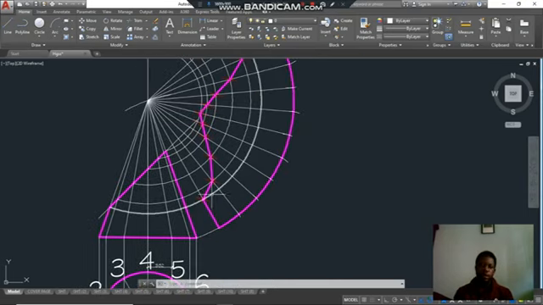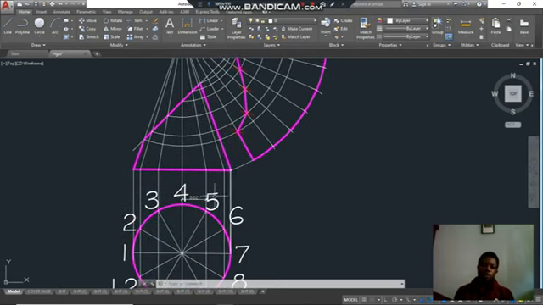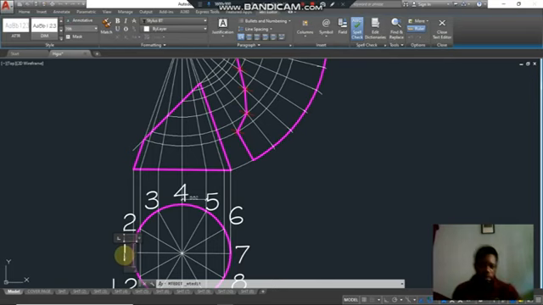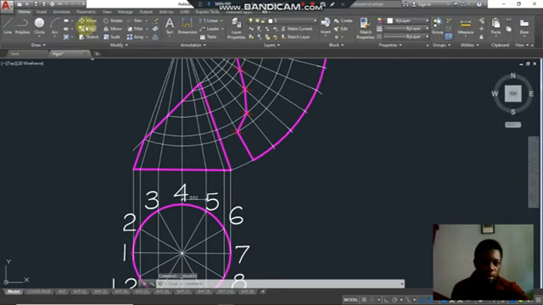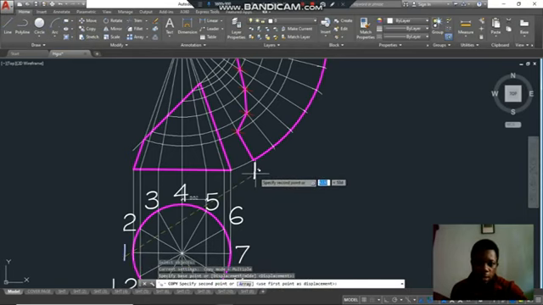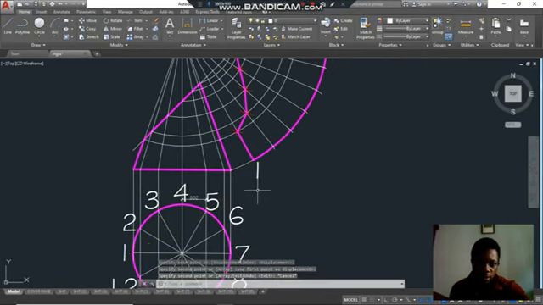Then you look at line 1, arc 1, wherever they meet, you pick the point. Line 2, arc 2, wherever they meet, you pick the point.